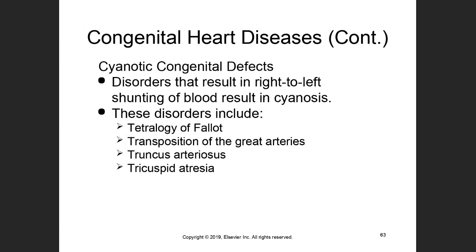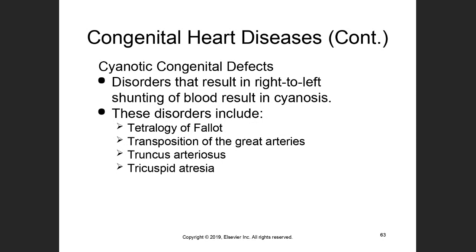Okay. Remember, those are the cyanotic conditions with late cyanosis: the baby is born normally pink and later becomes cyanotic, like purple. Now we have the cyanotic conditions with early cyanosis.